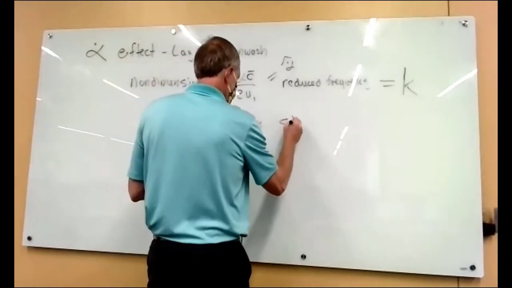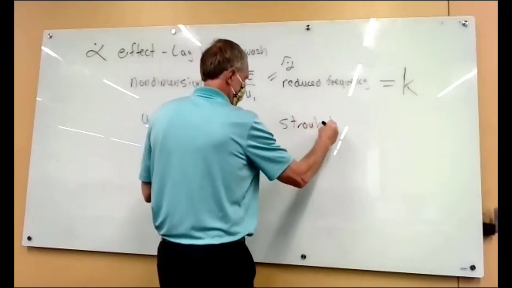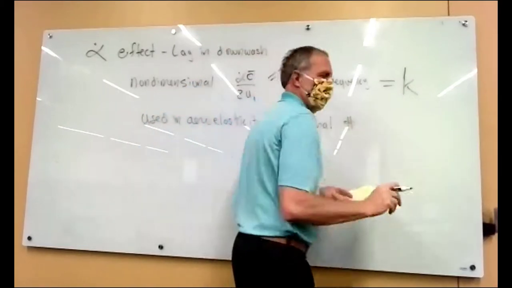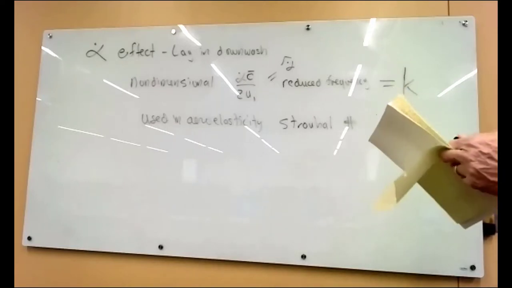And it's called the Strouhal number. And aeroelasticity has to do with oscillating airfoils. So that's why this shows up there, is that when an airfoil or a wing is oscillating in angle of attack, you have an alpha dot. And so they'll model that behavior like that.